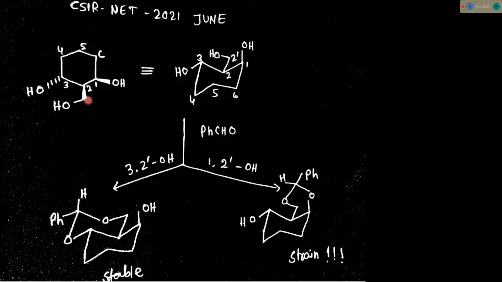So 3, 2, 2 dash, these are also a 1,3-diol. So 1 and 3 OH are completely trans to each other, and in between this CH2 OH group is there. So these 1,3-diols, which are completely trans, cannot take part in these reactions.